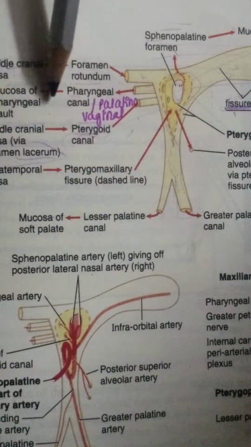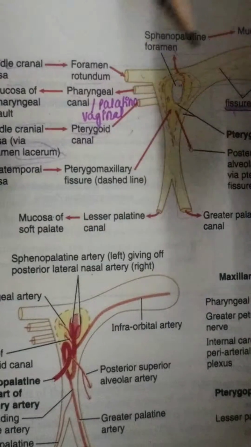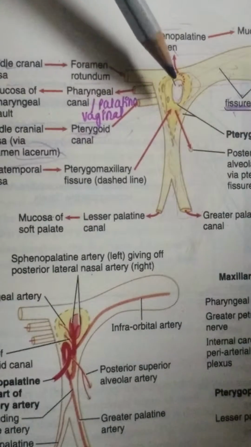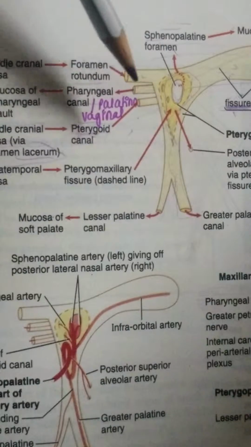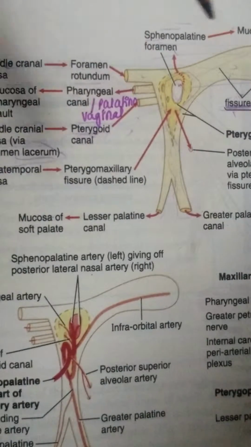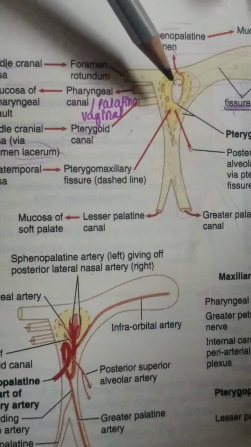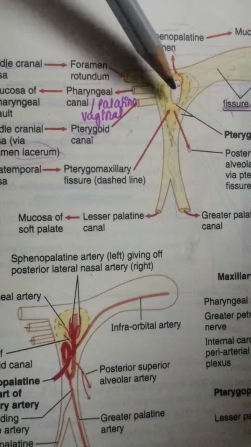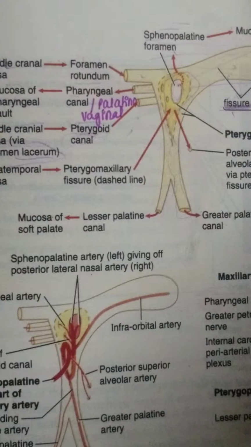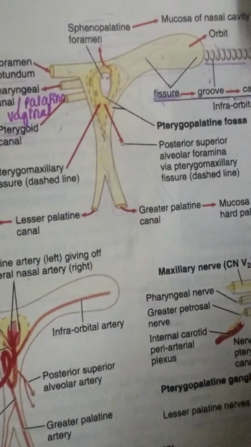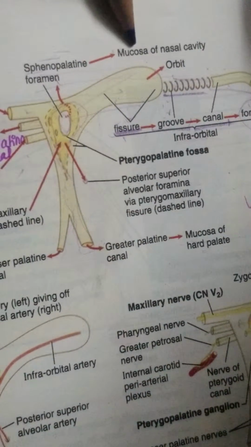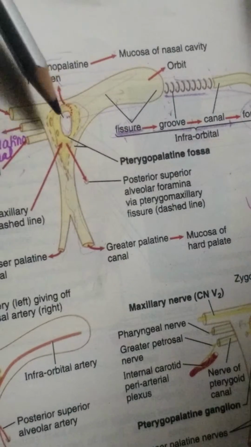Anterior communications and posterior are done. Now the medial and lateral communications. So medially we have the sphenopalatine foramen. As we discussed, medially there is the palatine bone. So medially we have the sphenopalatine foramen that communicates to the nose and opens into the mucosa of the nasal cavity.